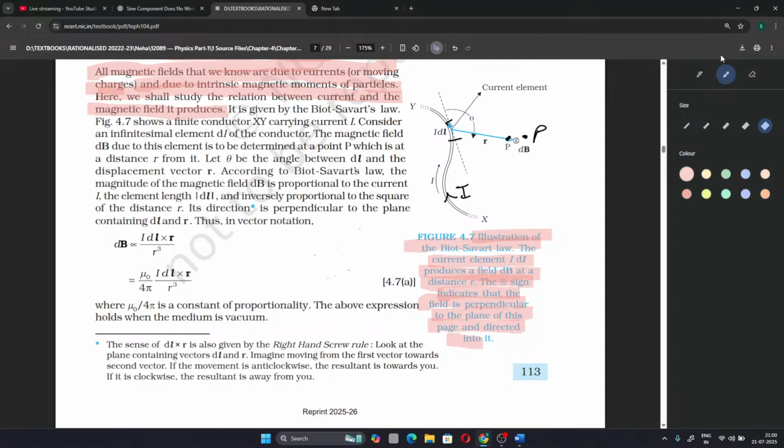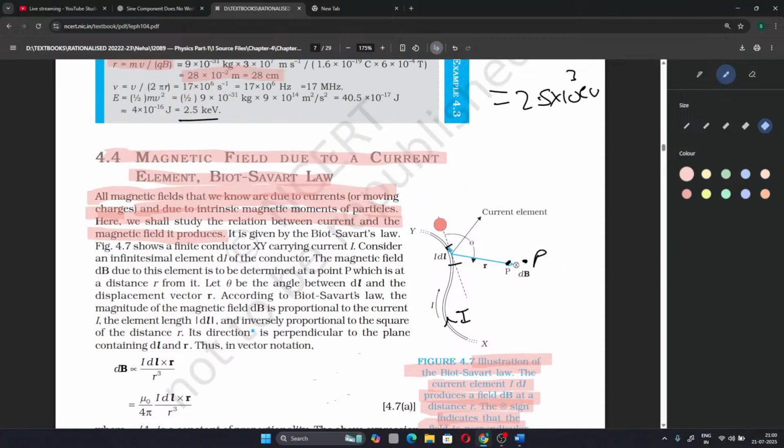Okay, we were at the Biot-Savart's law. The magnetic field due to a current element, that is Biot-Savart's law. All magnetic fields that we know are due to currents or moving charges, and due to intrinsic magnetic moments of particles.